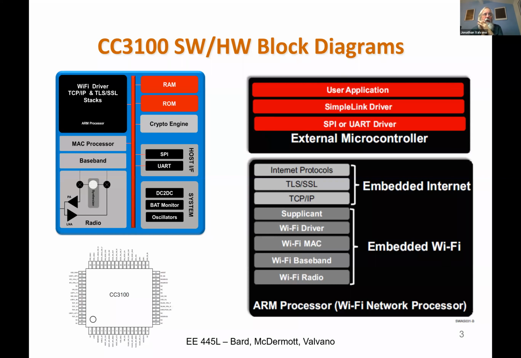Or in this one, it's done with a two-chip solution: the Wi-Fi network processor with the MAC layer in it. Now it turns out we're going to go even further and add even more layers into this dedicated firmware, such that our external microcontroller is so simple it doesn't really have much to do at all. And that's the architecture, whether it's a single chip or a dual chip solution.